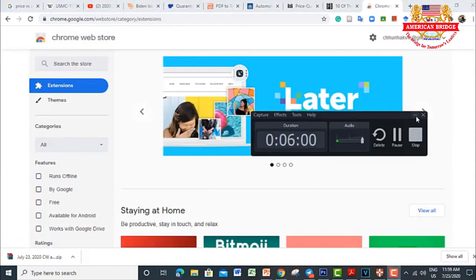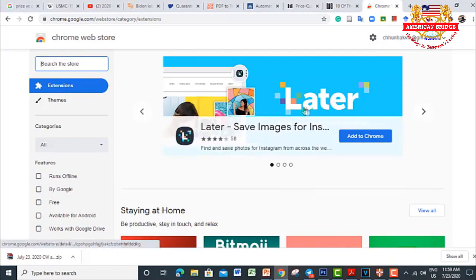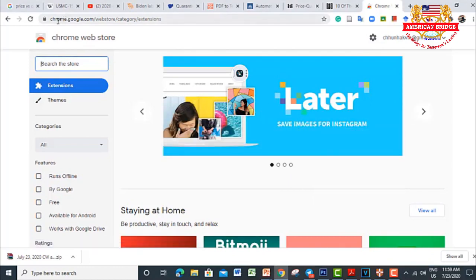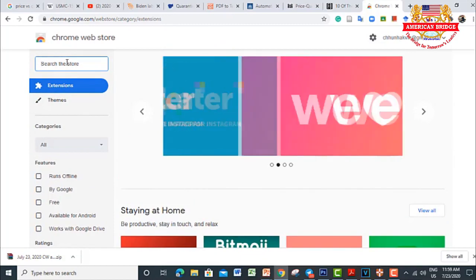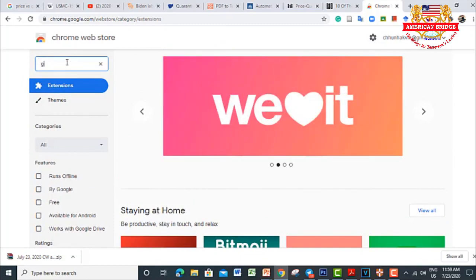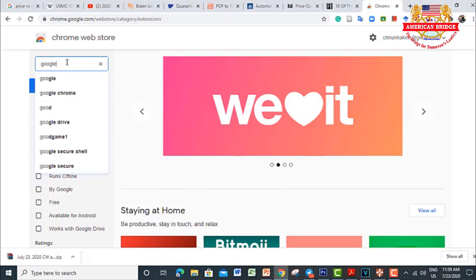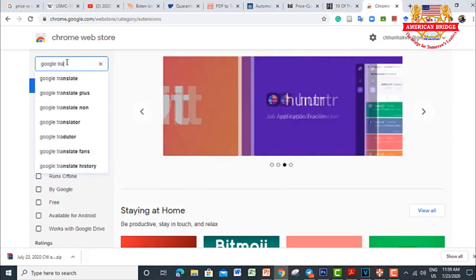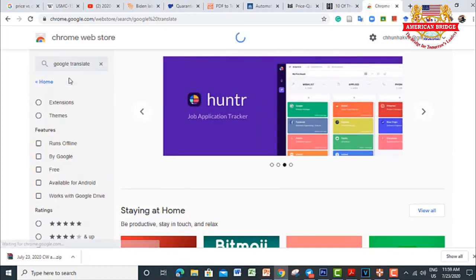Everyone, do you see my screen here? Teacher would like to share that you just go to Google.com, then you type Chrome Web Store. Then you see the function here, so you can add an extension. For example, you add Google Translate, so you type Google Translate and click it.